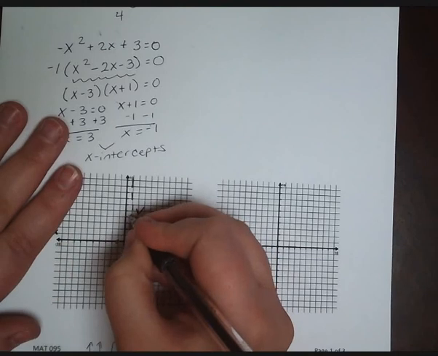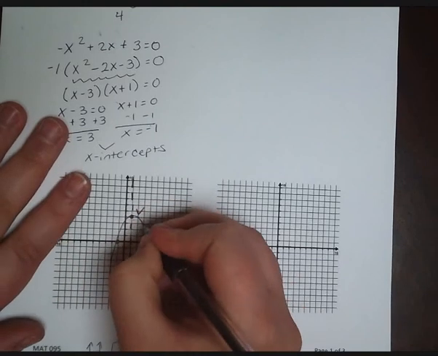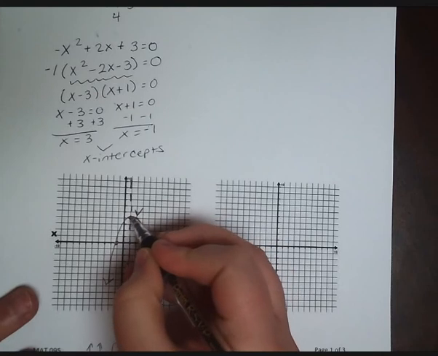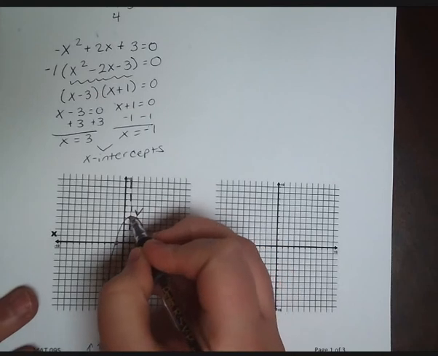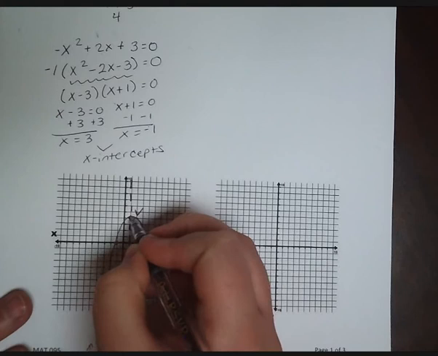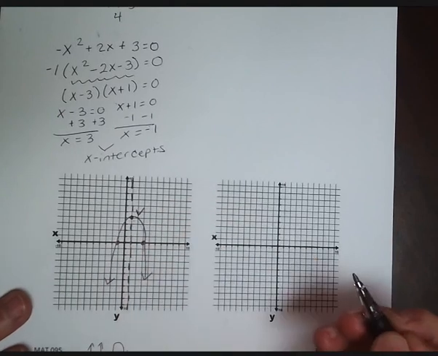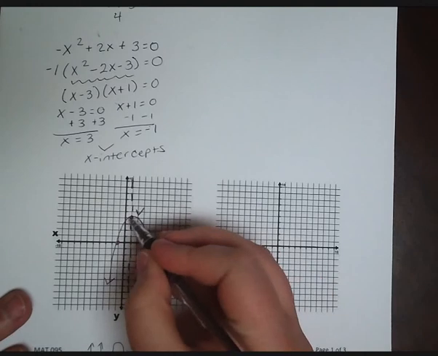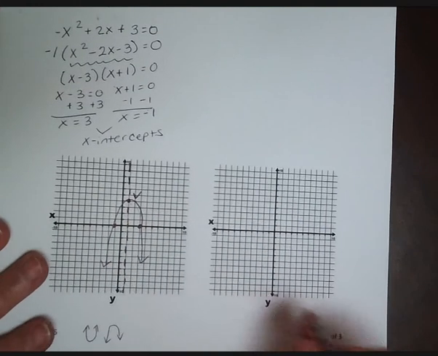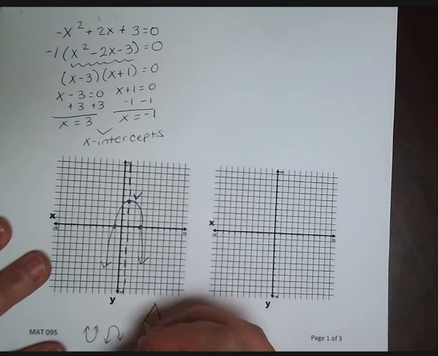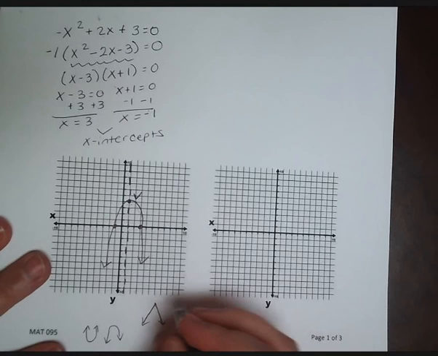So now we're going to want to curve our graph. So remember, your vertex is either your highest or your lowest point on your graph. So since it's going to be facing downwards, it's your highest point on your graph. Don't forget that you're going to have to curve these lines. Okay, so if you were to just do that, that graph means something completely different if it's just straight lines like that.